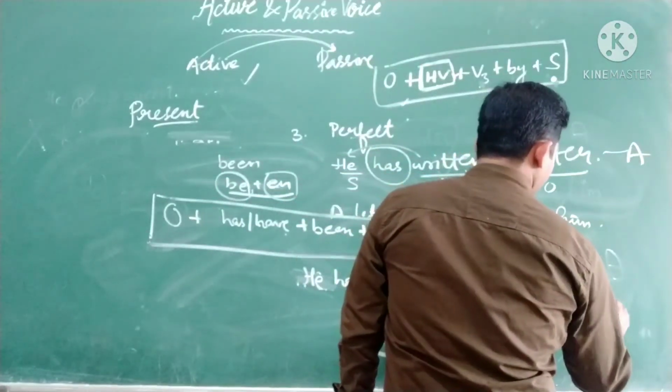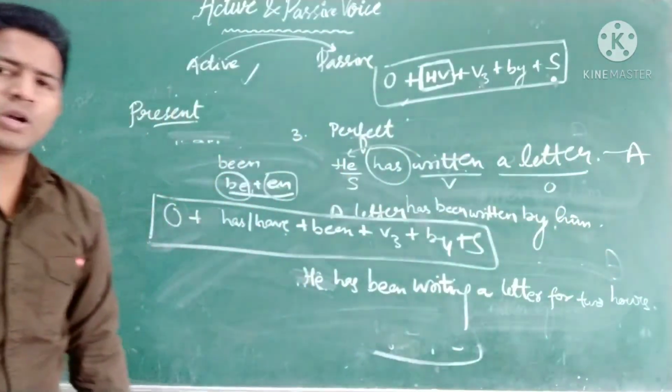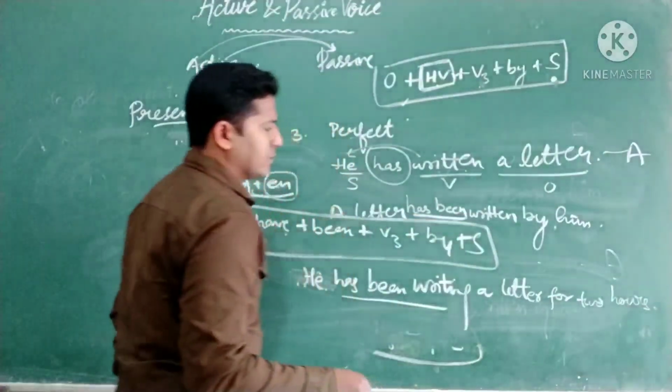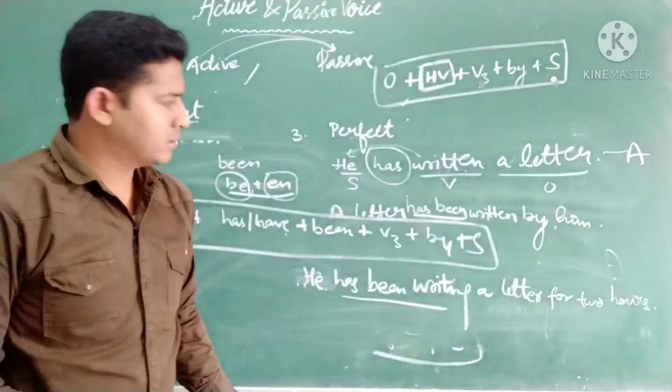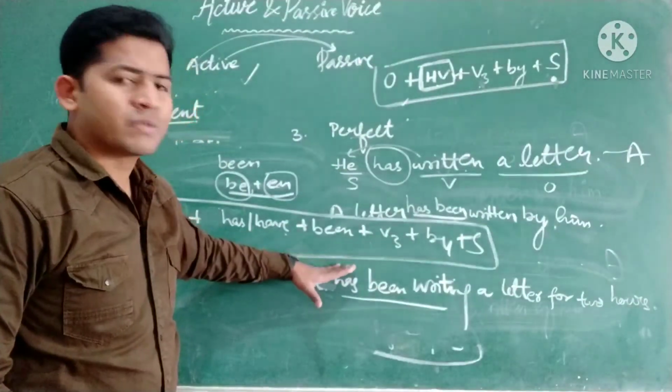He has been writing a letter for 2 hours. If you see has been writing, has been, we are already using it. Has been is already used. So the conversion of this sentence will not be possible.